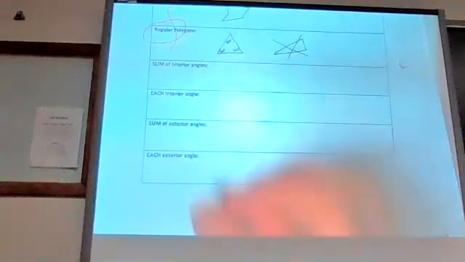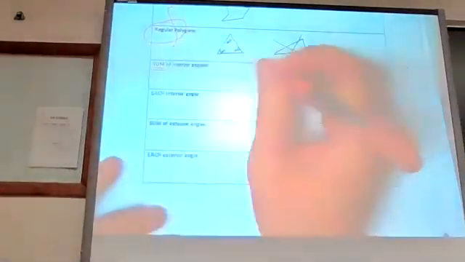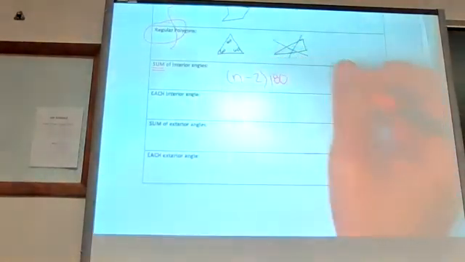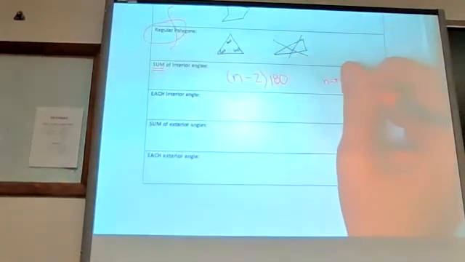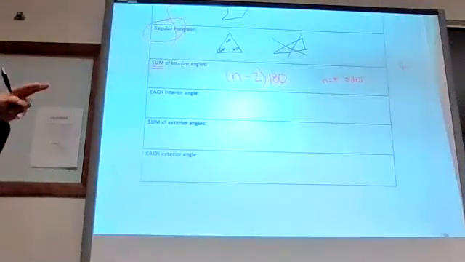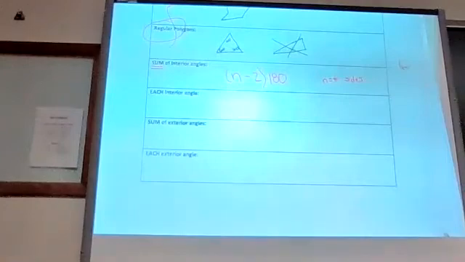We're just going to fill in our formulas one more time. So our sum, we use n minus 2 times 180, where n is the number of sides. That works because we always have 2 fewer triangles within a shape than the number of sides that shape has.